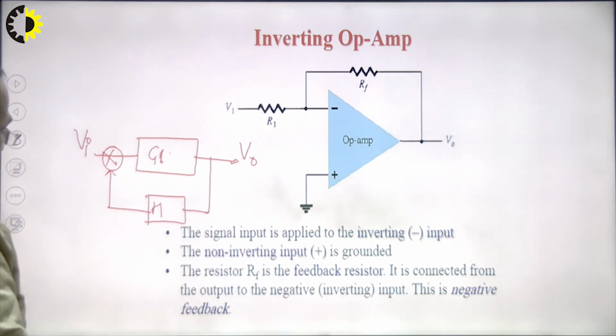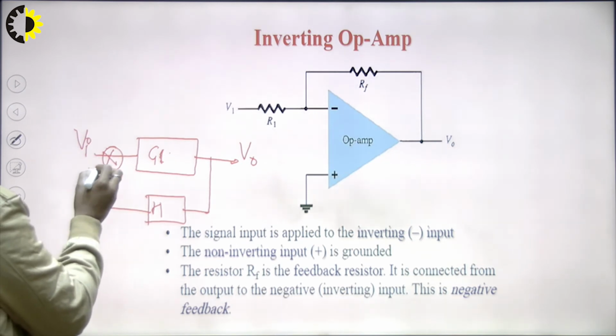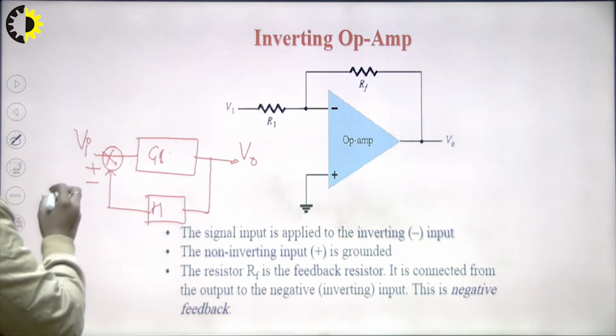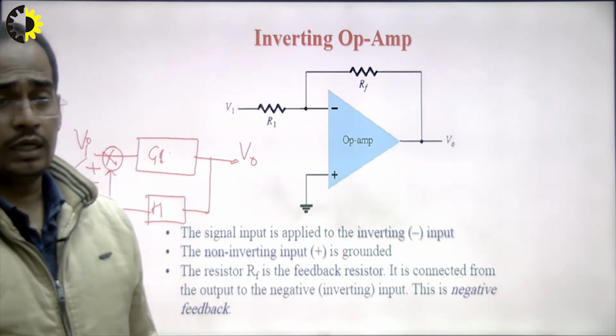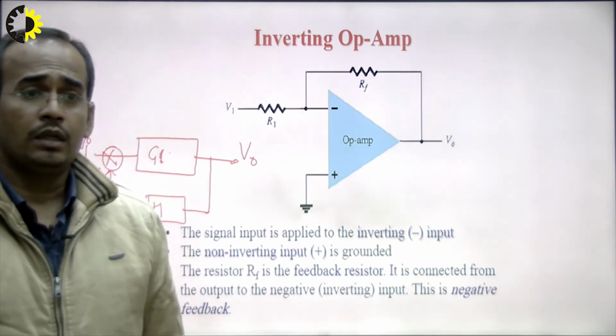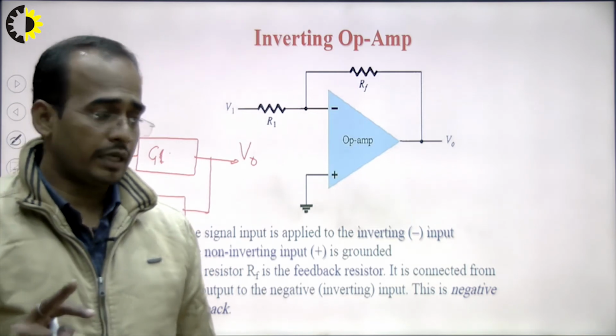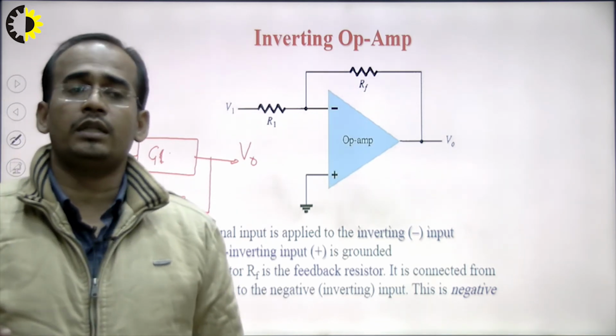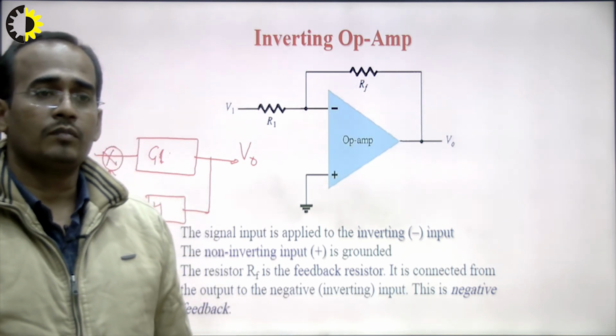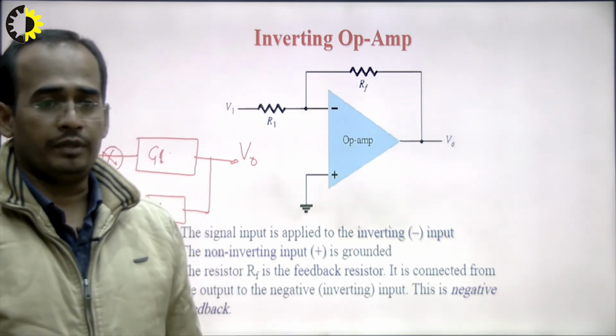If I am using feedback here, we can use a positive as well as a negative sign. If you are using the positive sign for connecting the output to the input, then it is positive feedback. If I am using the negative sign for connecting the output to the input, then this is negative feedback.